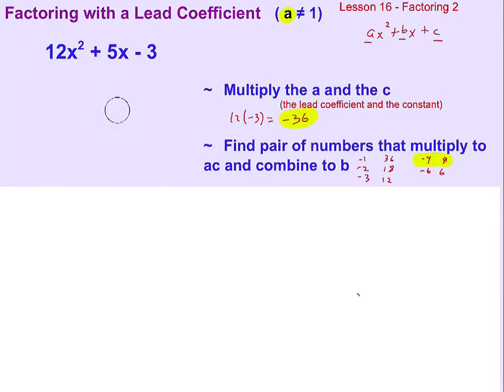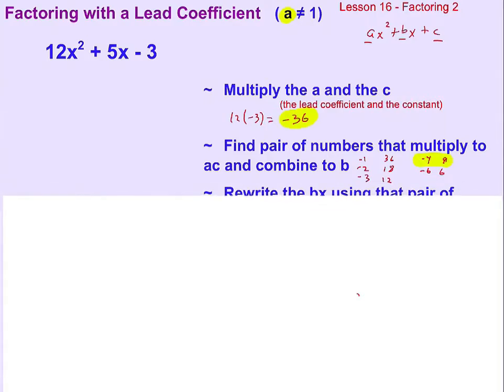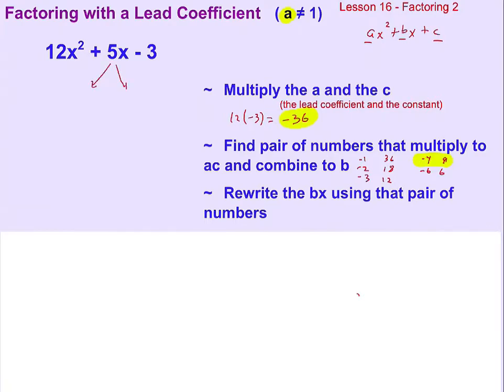So here's our trick. Instead of just sticking those numbers into parentheses like we do with the trinomials when the a is 1, what we're going to do is rewrite that bx. We're going to chop this 5x into 2 pieces, so that way we can have a 4-term polynomial instead of a 3-term polynomial. When we choose the numbers -4 and +9, what we're doing is picking the numbers that we're chopping the 5x into.